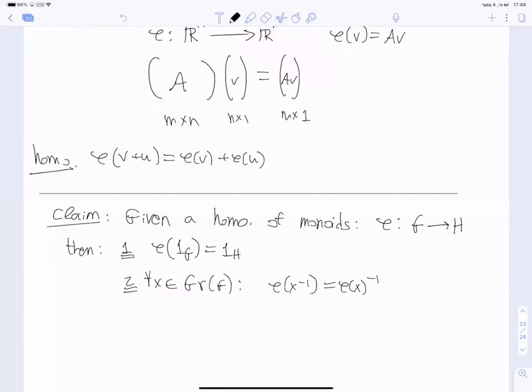I mean, if you start with an invertible element of G, this is group G, okay? So its inverse, it's like taking first x and then doing the inverse. Why is it true? Proof.